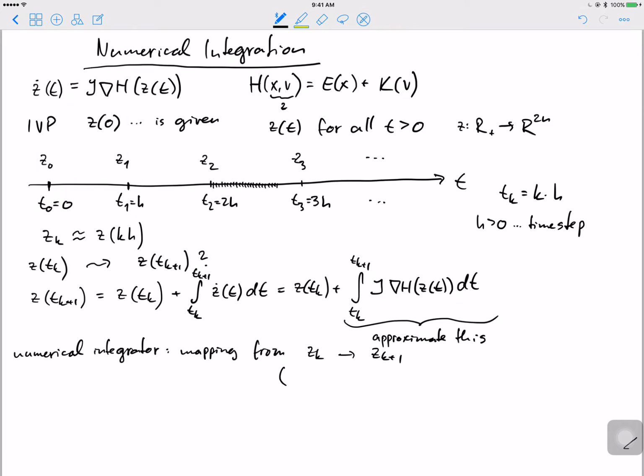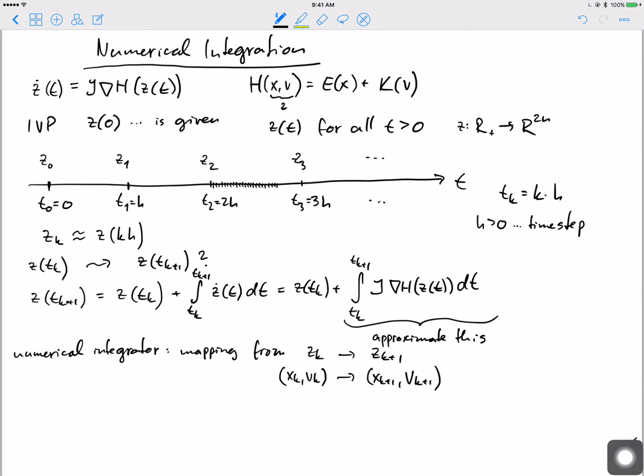Equivalently, and that's how they are usually written, not in terms of the phase-space variable but in terms of positions and velocities, the positions and velocities at the current time step are mapped to the positions and velocities in the next time step, xk plus 1 and vk plus 1. This little arrow means the specific numerical integrator you pick. And this is like the holy grail, that's what they would ideally return. That's what they are trying to approximate, trying to get as close as possible to it.